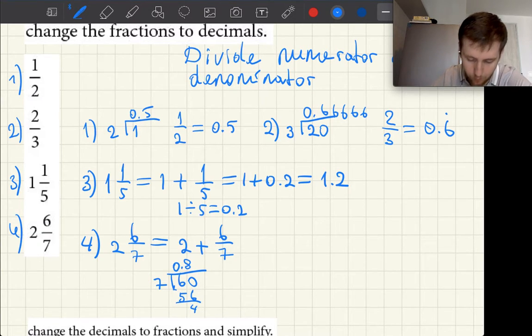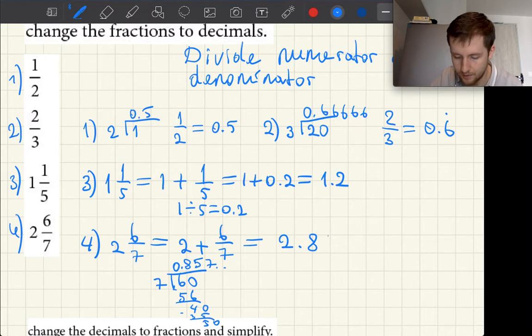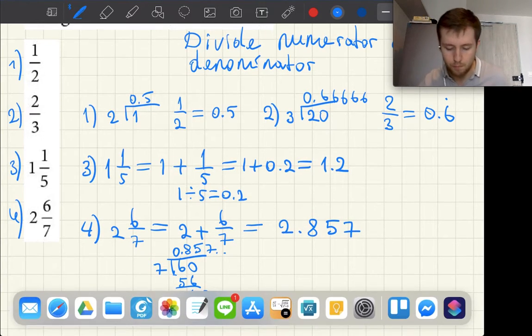Then we have 4 here. 40 divided by 7 is going to be 5. Then 50, so 0.857. At some point, you can just leave it be probably. I think 3 decimal places is enough. It's going to be 2.857.